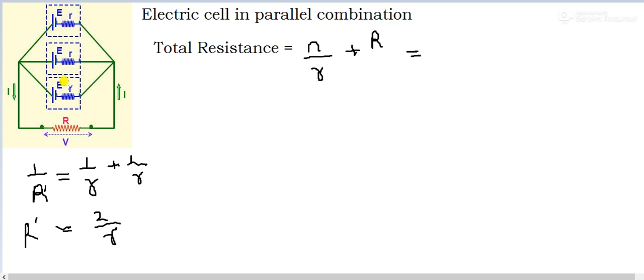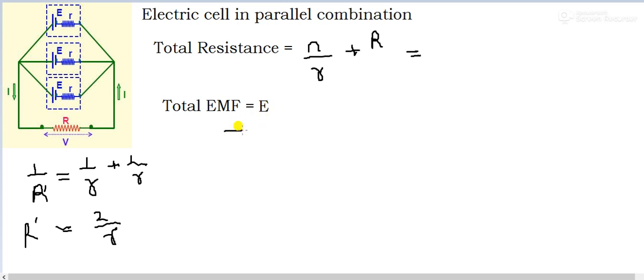In the previous case it became nE because it was a series combination, and potential difference in that case is V equal to V1 plus V2 plus V3 and so on. But in a parallel combination potential remains same, so the total EMF remains E only.